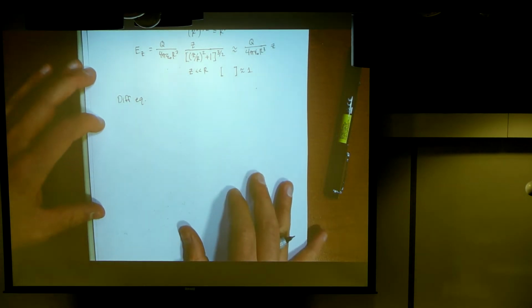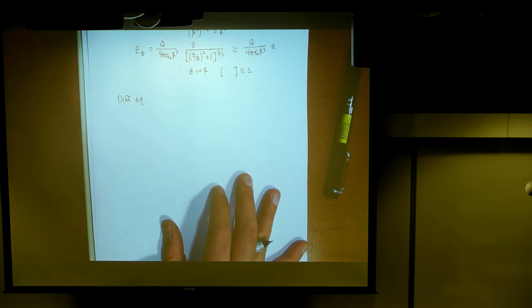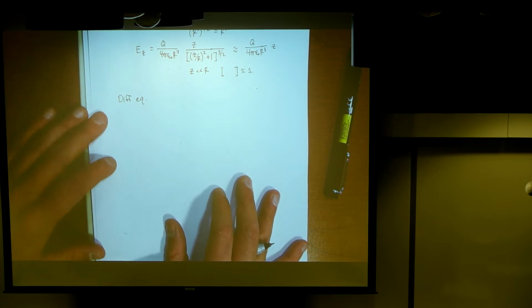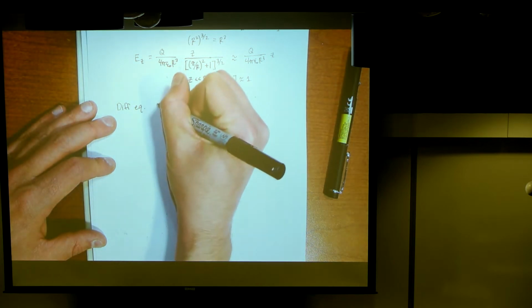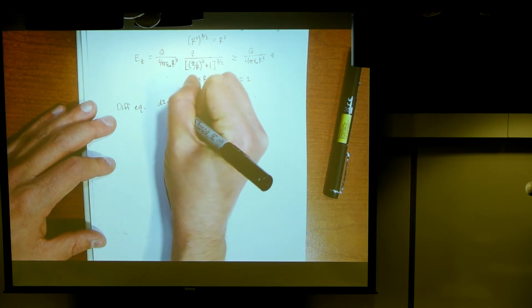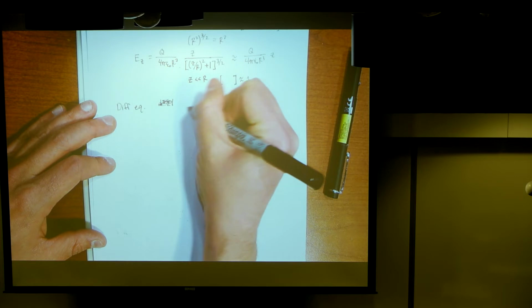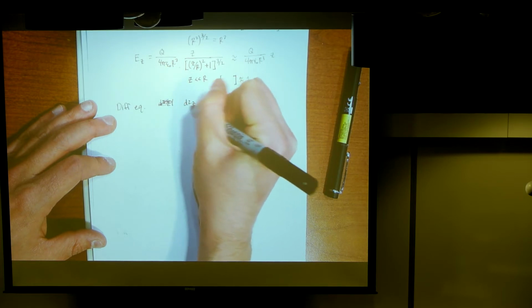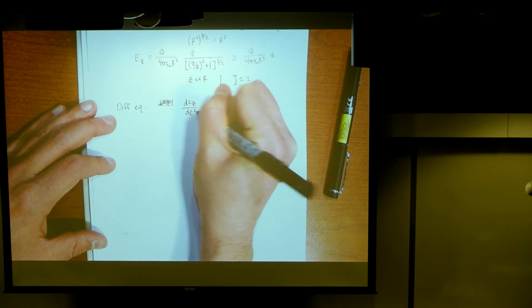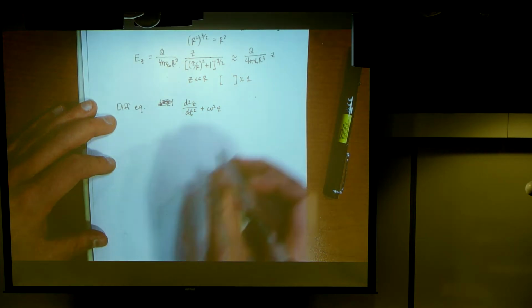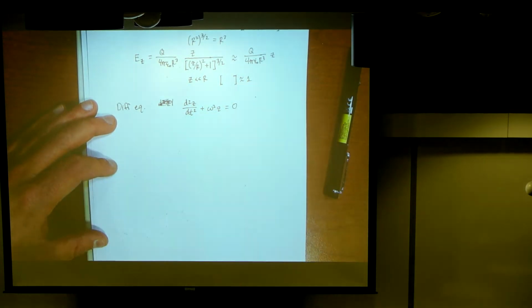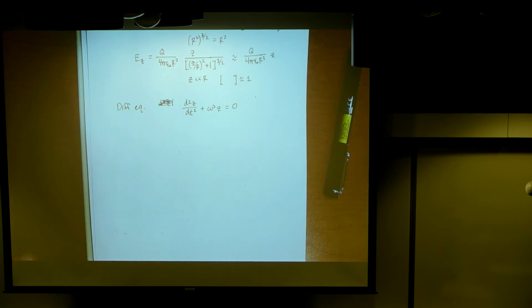And in solving the equation, we don't get just some number out, we get a whole function out. And that differential equation is the second derivative of z with respect to time, plus omega squared times z equals 0. Okay, that's our differential equation.